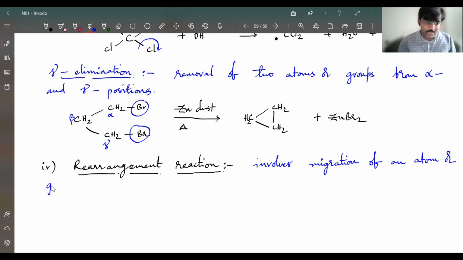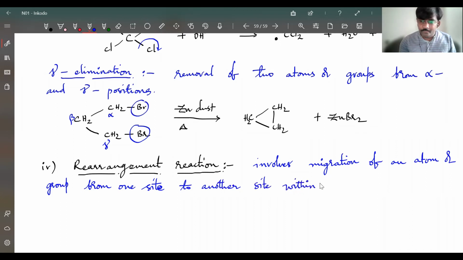Okay, it may be a single atom migrating from one place to another place or a group from one site to another site within the molecule. Okay, within the same molecule it should happen. Between molecules, it won't happen. In the same molecule, it will happen there.